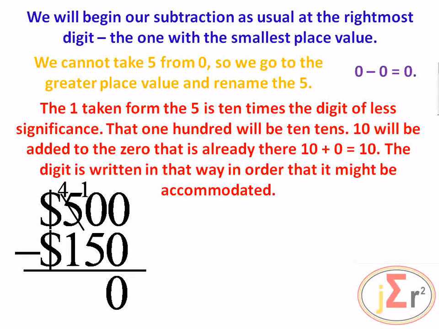The digit is written in that way in order that it may be accommodated. So we write it in a small fashion so that we can still see that we have a 10 there, but it does not get in the way of the other digits that are there already. So we will say 10 minus 5 is 5, and 4 minus 1 is 3.